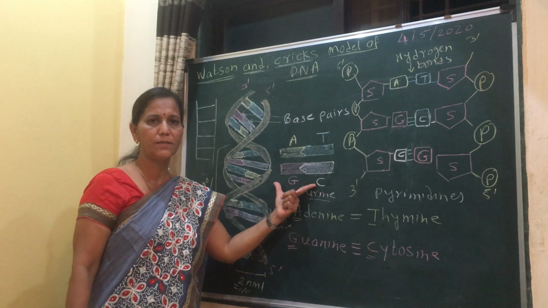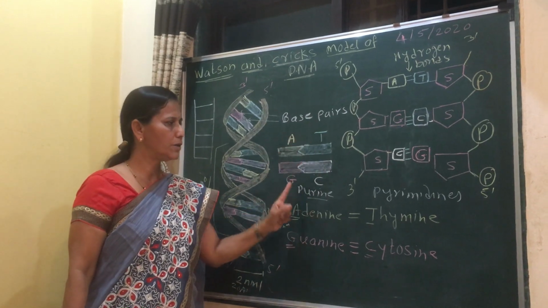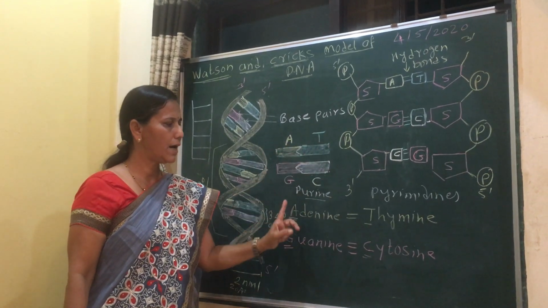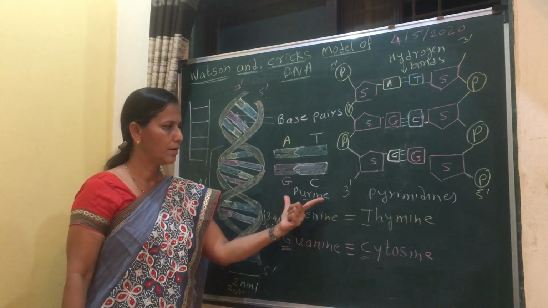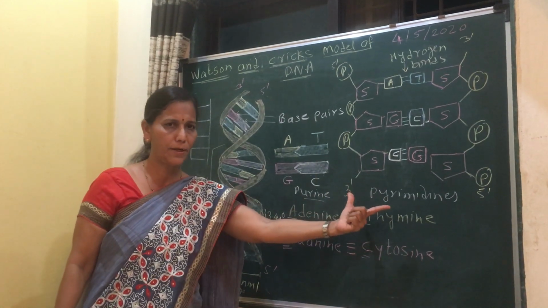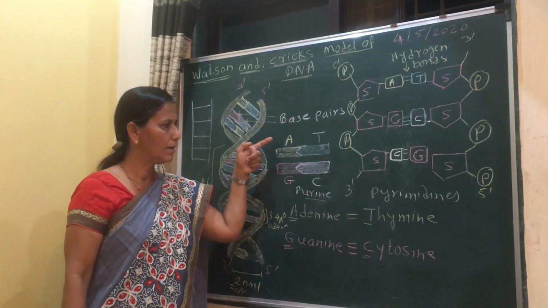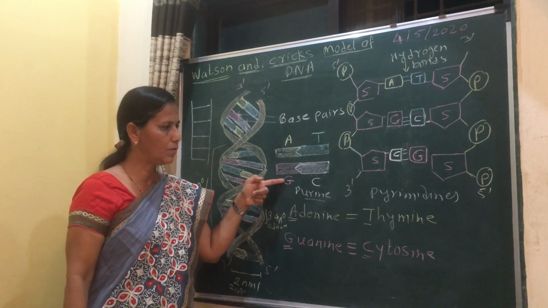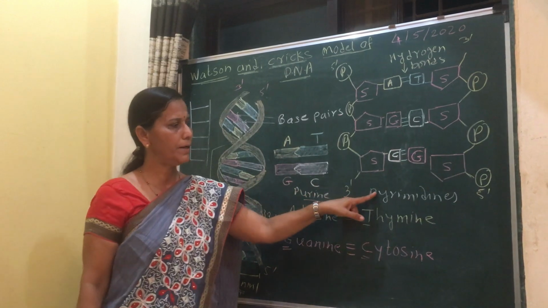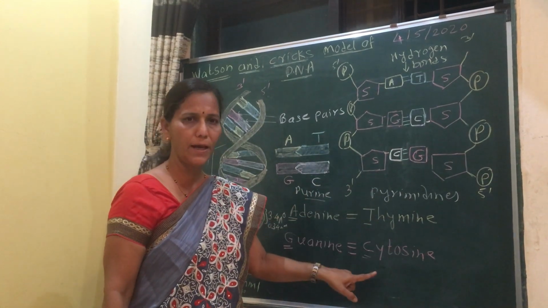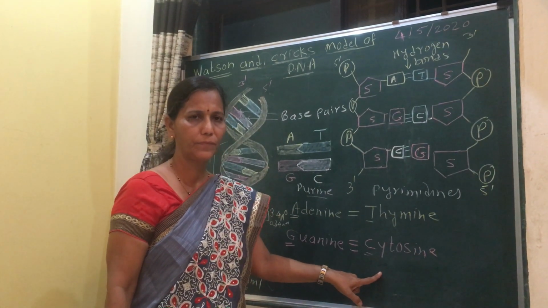paired nitrogen bases. These nitrogen bases are of two types, purines and pyrimidines. Purines are again of two types, that is adenine and guanine, and pyrimidines are of two types, thymine and cytosine.